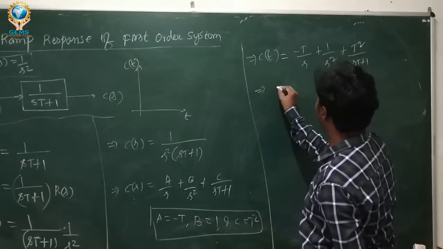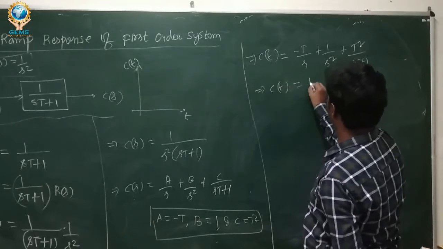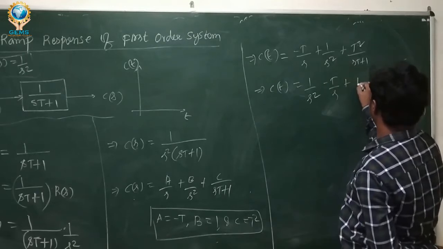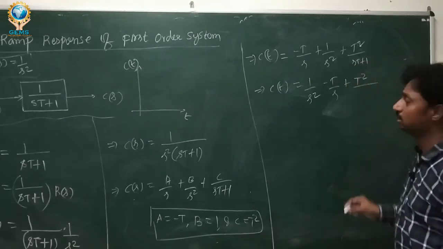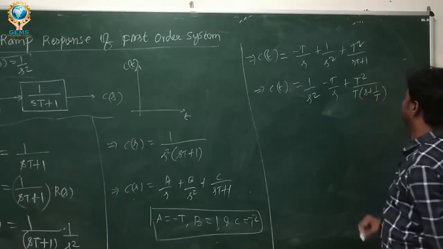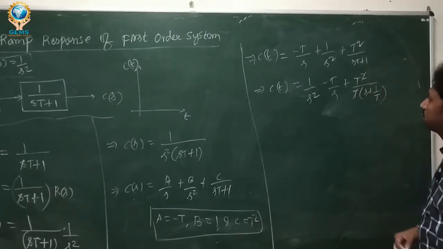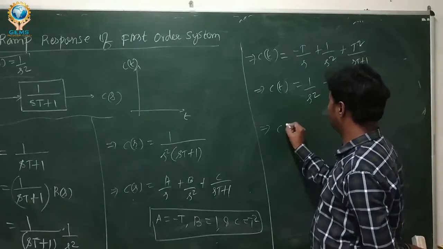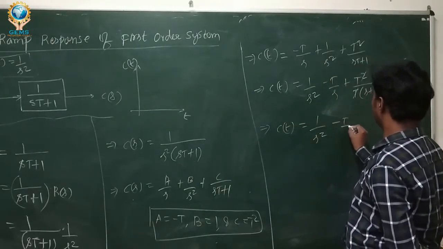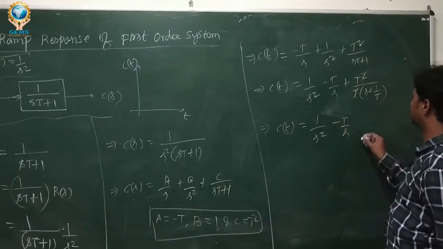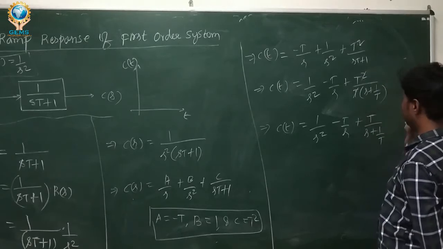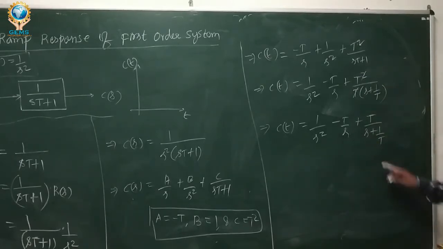Now you can take T common, so you get s plus 1 by T, and here T and T get cancelled. You are left with 1 by s square minus T by s plus T by (s plus 1 by T).